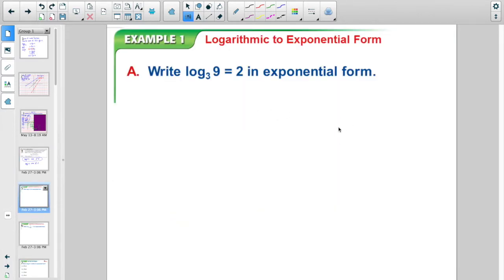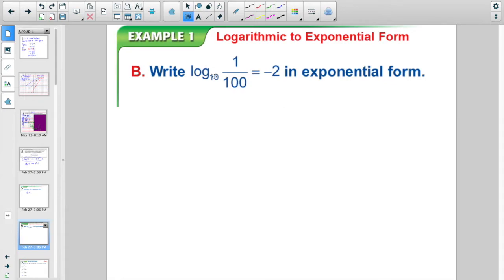So here we have an example. Log base 3 of 9 equals 2, in exponential form. It's in log form right now, so we need to switch it to exponential form. Identify the base, which is 3. Swap these two numbers, so I get 3 squared equals 9, which of course you know is true. Next, log base 10 of 1/100 equals negative 2.